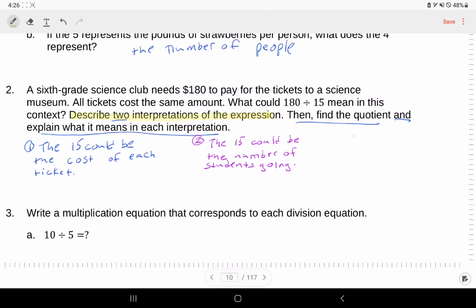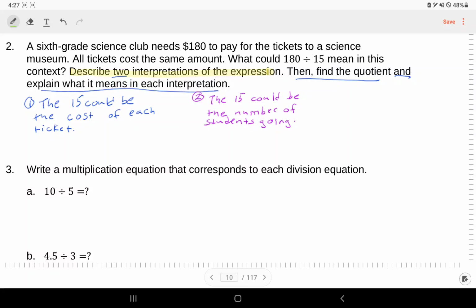So 180 divided by 15. There are a bunch of different ways I can do it. And again, I can do long division, or I can do a diagram. So I can do 15, 15, 15, 15.